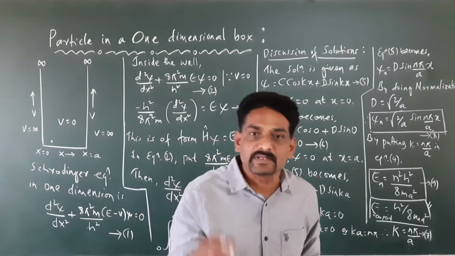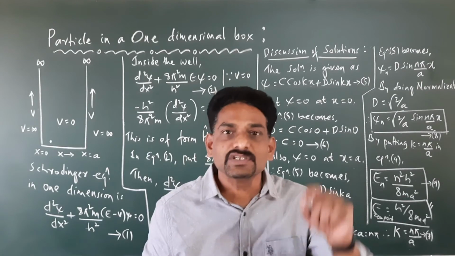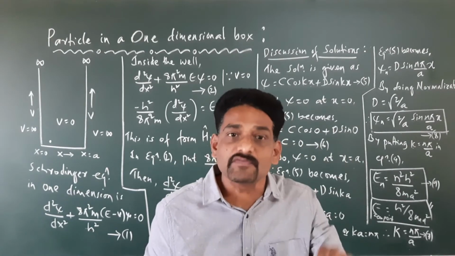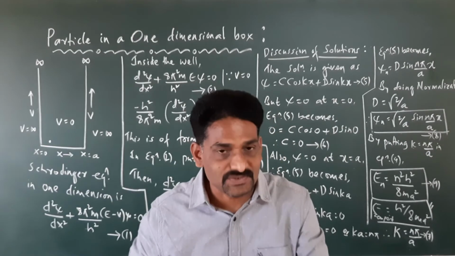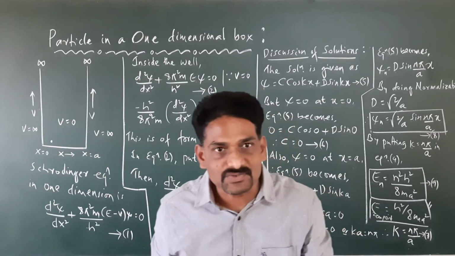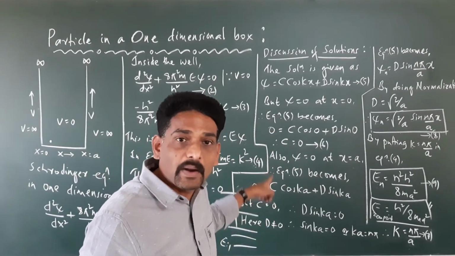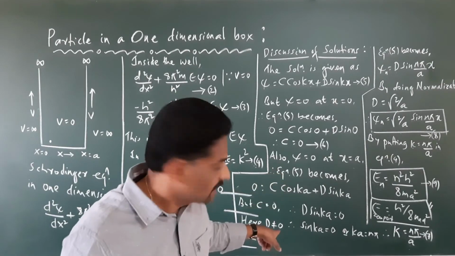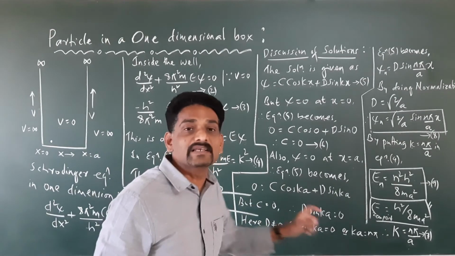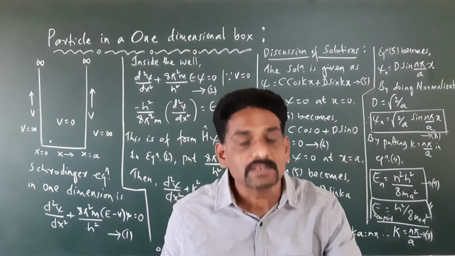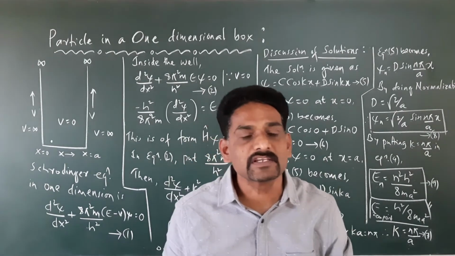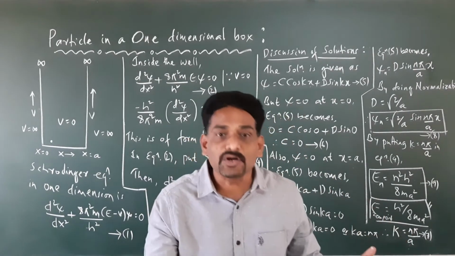Whereas, as per classical mechanics, the energy of a particle is continuous. As per quantum mechanics, the energy of a particle is not continuous, it is discrete, and that is the meaning of quantization. That is one of the very important differences between classical mechanics and quantum mechanics.